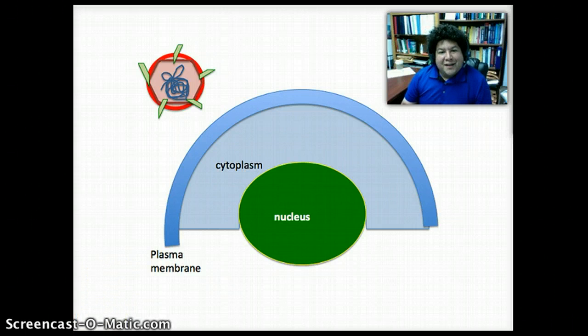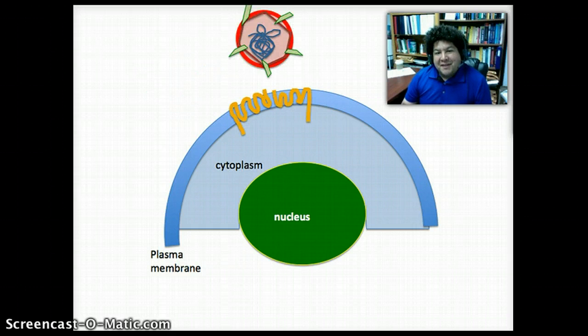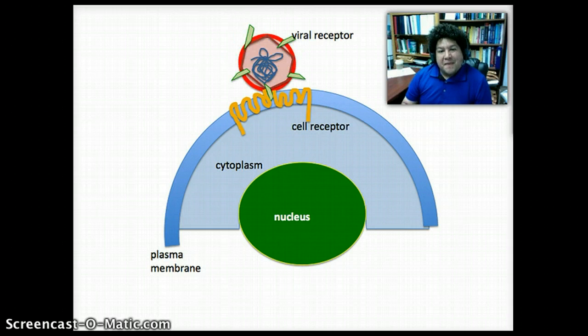So let's see what happens. This virus is getting a little closer, and eventually, did you see that? This cartoon representation of this virus is going to be called a viral particle or a piece of virus.